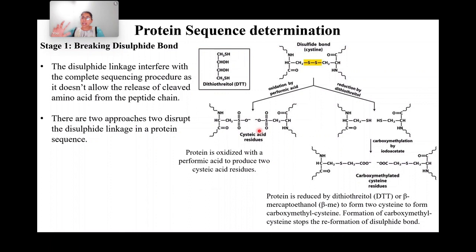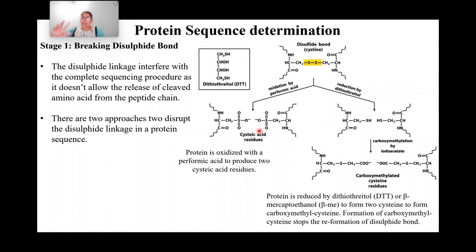So here, if you see, if you use this DTT, the S will acquire a carboxyl group. They will become carboxymethyl cysteine, and they will inhibit the formation of disulfide bonds. So you add a group onto the sulfur to stop it from binding with each other. So that's the first step. You first break the disulfide bonds present in the protein structure.